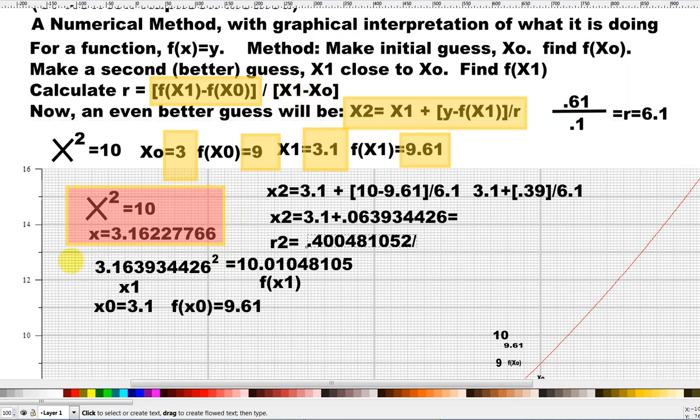Our really good guess here, which is 3.163934426, minus our not so good previous guess, 3.1. So 3.163934426 minus 3.1 equals 0.063934426.